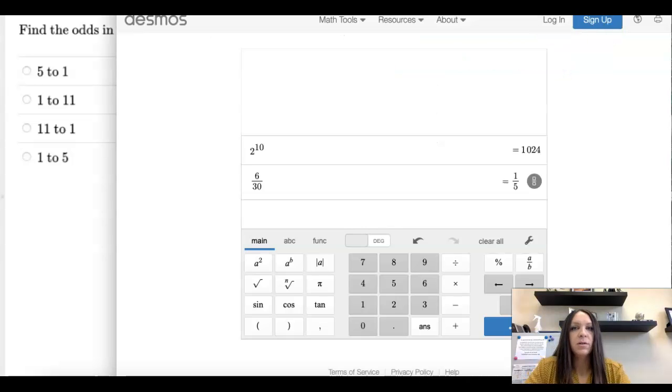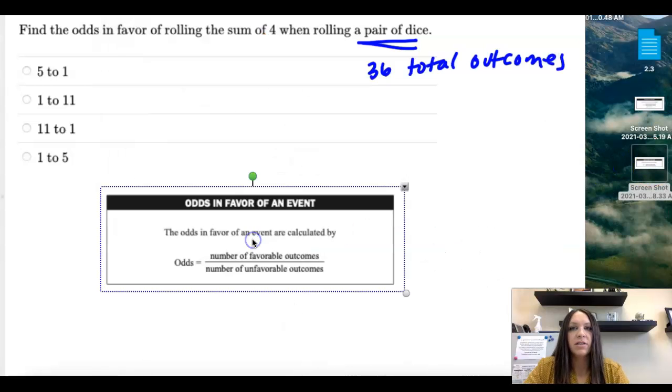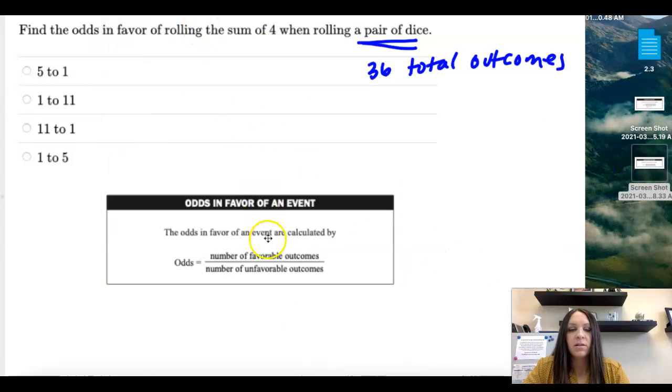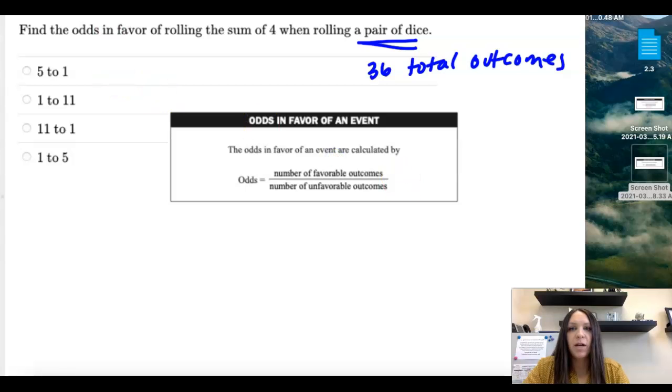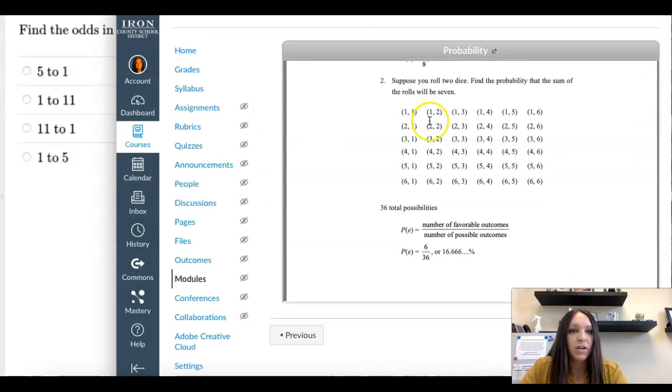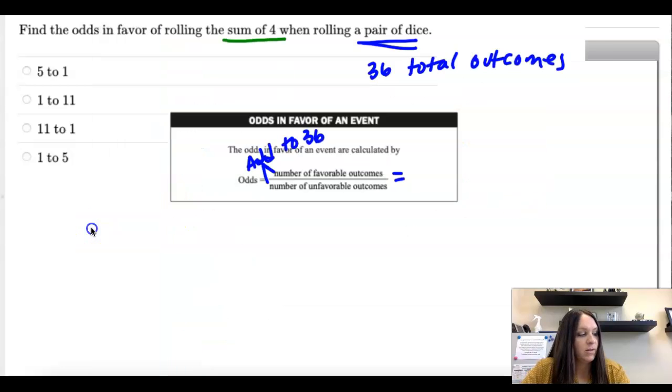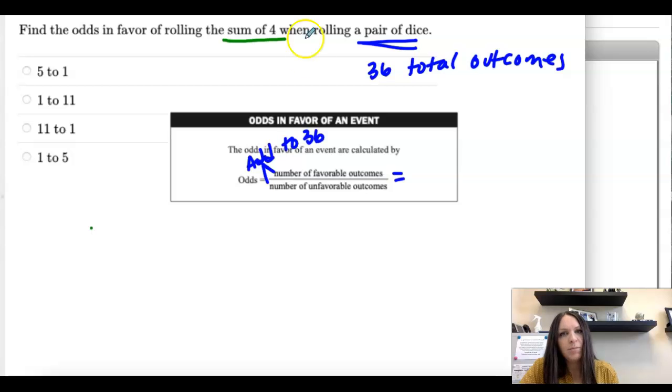Let's look at our odds in favor: number of favorable outcomes, number of unfavorable outcomes, and know these two numbers have to add to 36. So I want a sum of 4. If it helps, you can look through these numbers and find all of them that add to 4. I'm just going to think about it.